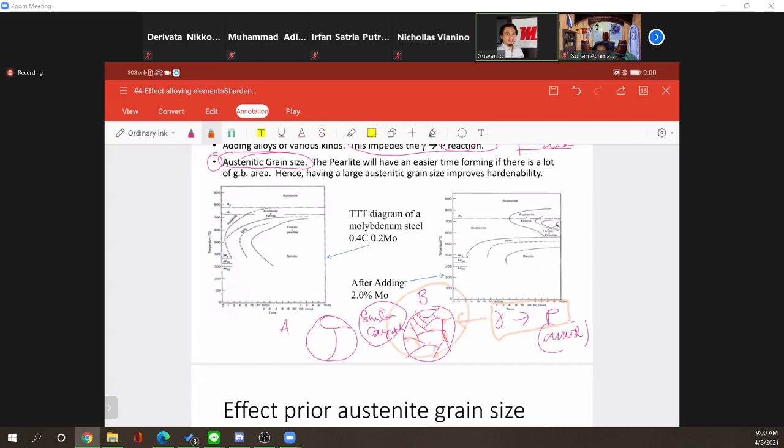And it is difficult if you have fewer grain boundaries, which means you have this kind of microstructure. So for A and B, it's easier for B to make pearlite, which means it's not easy to form martensite. It's not easy for A to make pearlite, so it's easier to form martensite. Therefore, increasing the grain size will make it easy for you to make martensite. This is the effect of grain size.